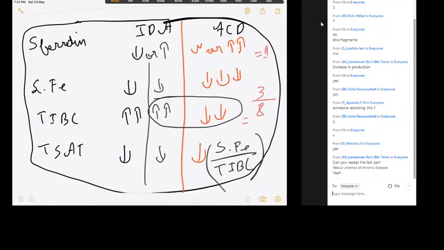And then your value with TIBC is 1 by something, 1 by 3 or 1 by 2 or 1 by 4. Will it be more than or less than 3 by 8? It will always be less than 3 by 8, no? So based on that logic, you can tell that the transferrin saturation is less.